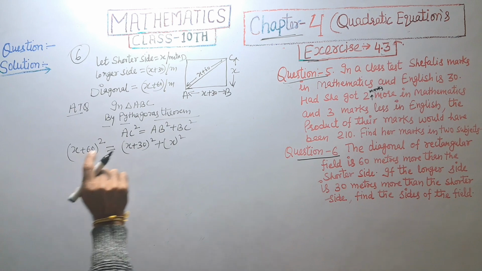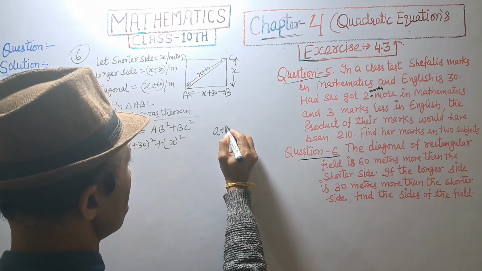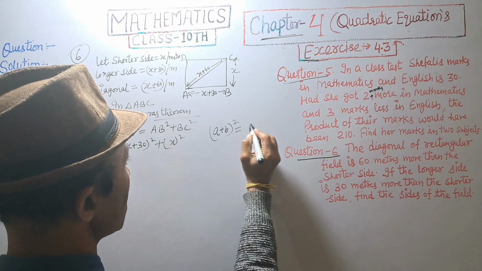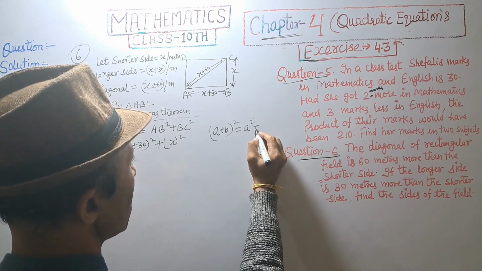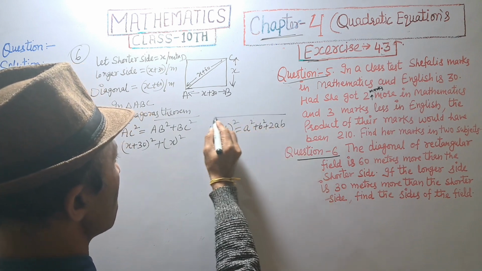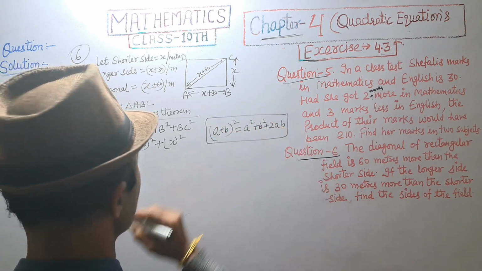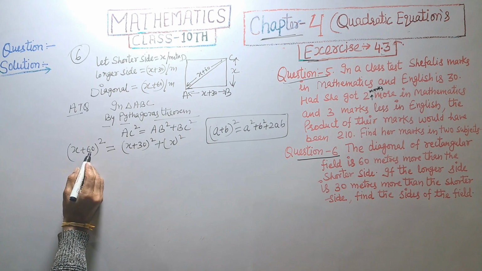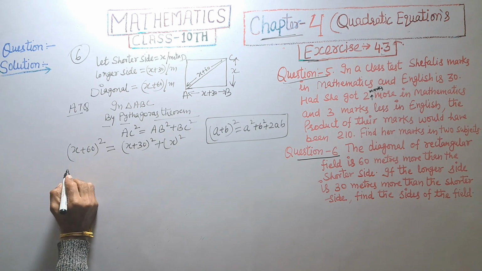We know that (A plus B) square is equal to A square plus B square plus 2AB. Here A is x and B is equal to 60.